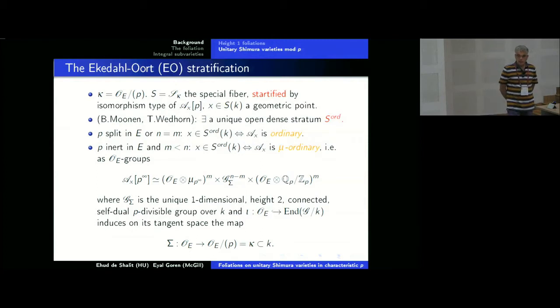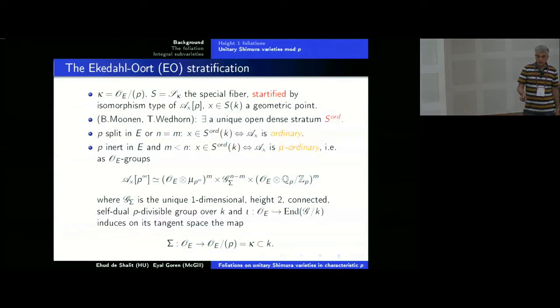If P is inert and m is less than n, then it's easy to see that you cannot have ordinary abelian varieties in this moduli space, but it is as ordinary as the combinatorics allows it to be. You should think about it this way, and this means that its p-divisible group is not a product of multiplicative by étale, but it has these three pieces.